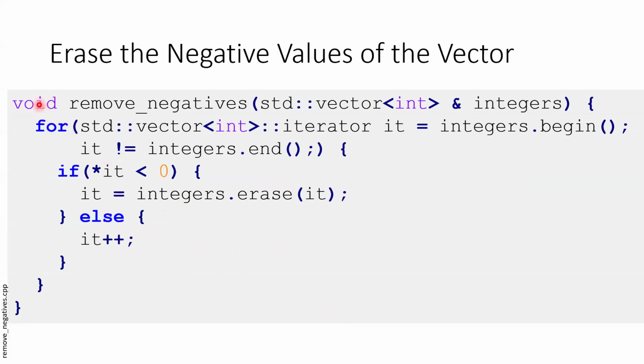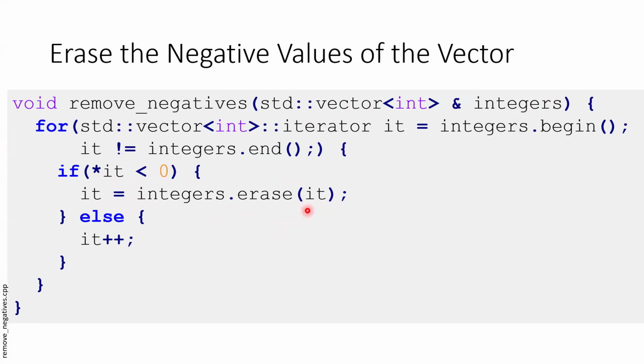And now let's consider another function that, instead of pushing the negatives into another vector, removes the negative values from the integers vector. So we do the same for loop. Just inside, we check whether it's negative. If it is, we use the vector's erase function that takes in an iterator.